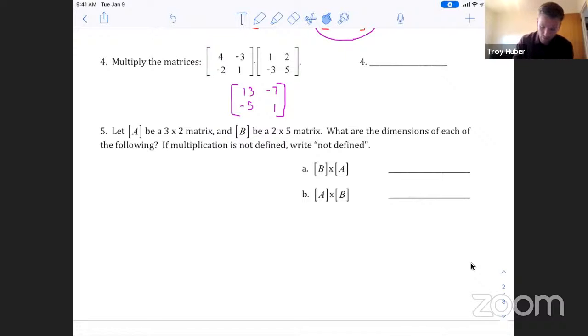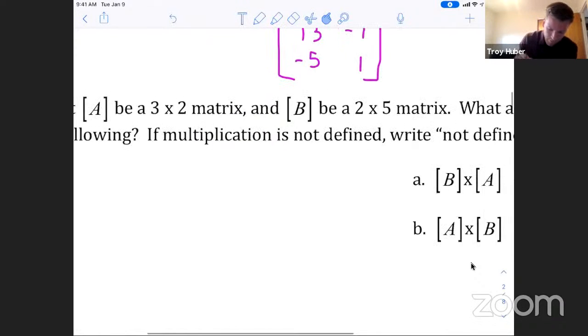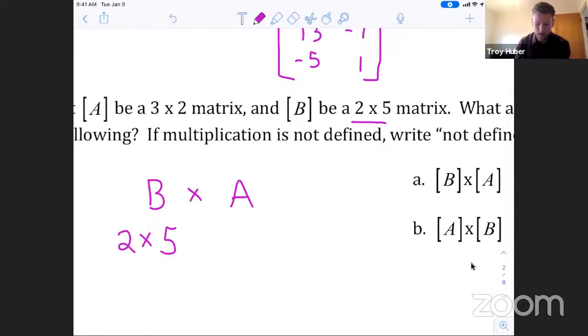All right, so this first one is B times A. Well, B is a 2 by 5, and then A is a 3 by 2. Now, what do we have to look at to know if we can do this matrix multiplication?